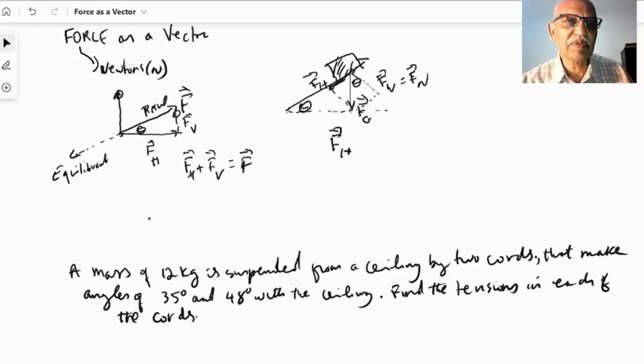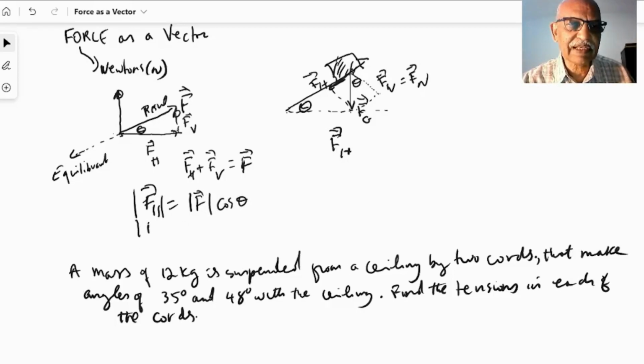The horizontal component there is the force multiplied by cosine of theta, and the vertical will be the force multiplied by sine of theta.